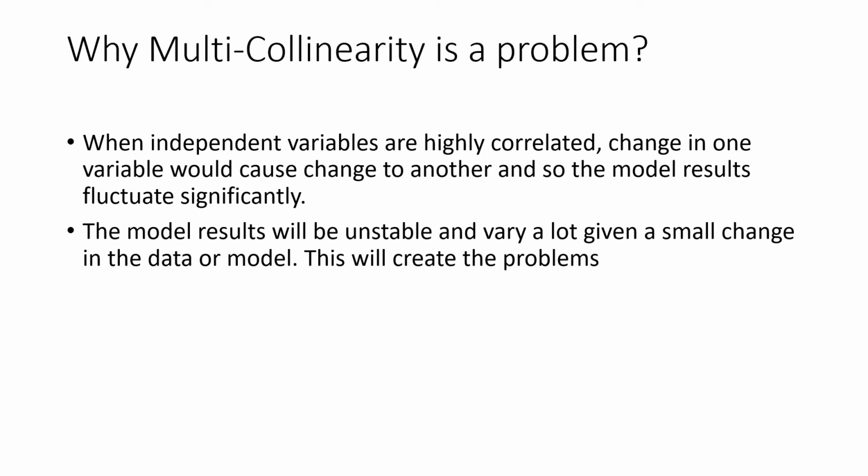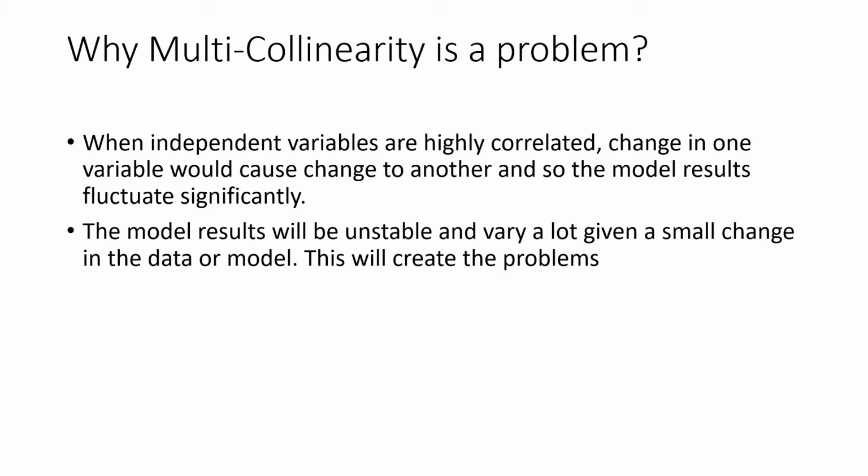Why does multicollinearity occur, or why is this a problem? You have to understand the reasons for understanding multicollinearity and why this is considered to be an important problem, especially when you are running regression. When independent variables are highly correlated, as we have already said, your model will become ineffective.